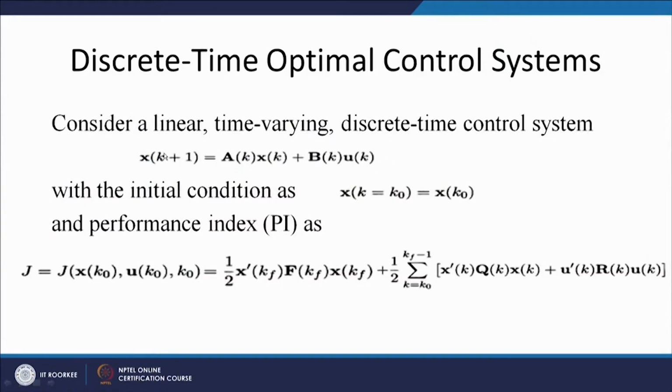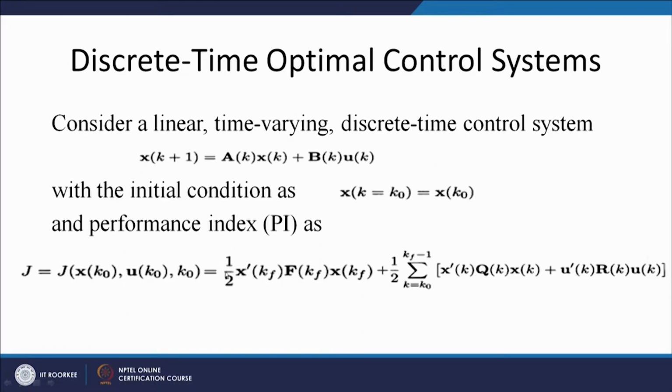It is a very standard equation, and we are given the initial condition at k equal to k0 as x of k0, and the performance index of the plant we can take as j equal to j x of k0, u of k0, k0, because we evaluate the performance index, as we have seen before, at the initial point.